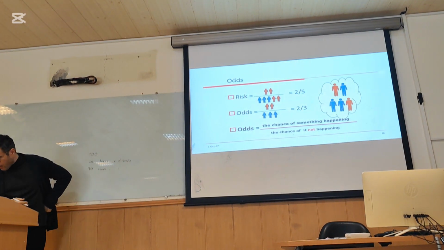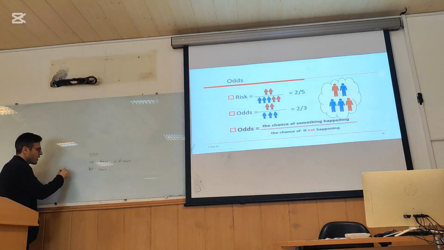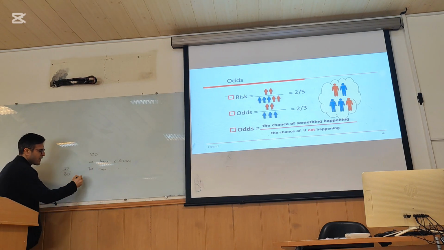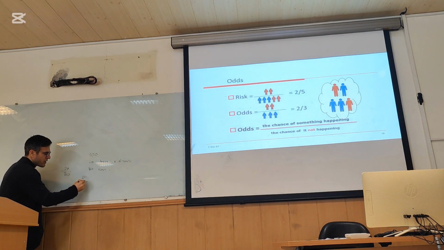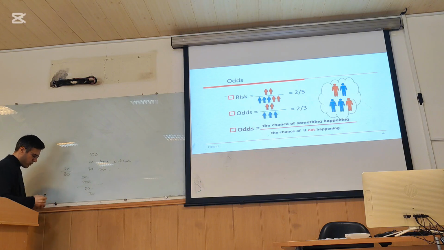What is the odds? 20 divided by 80. That is the final answer, but the process is 20 divided by 80, and you can simplify this.